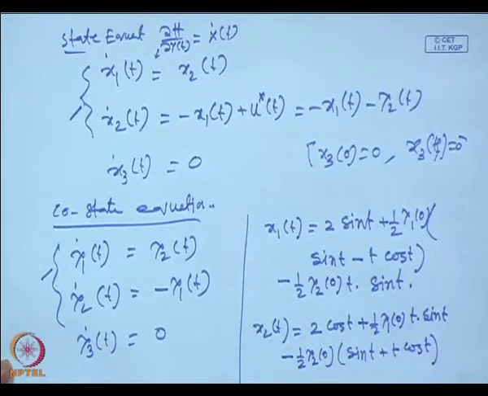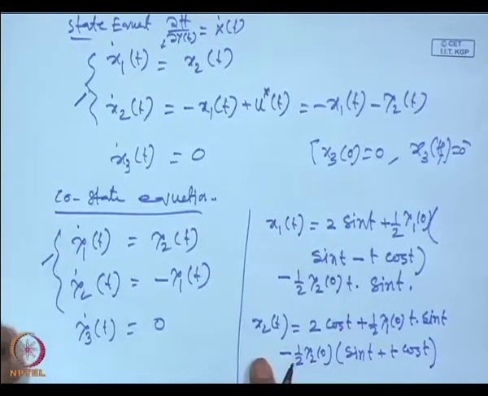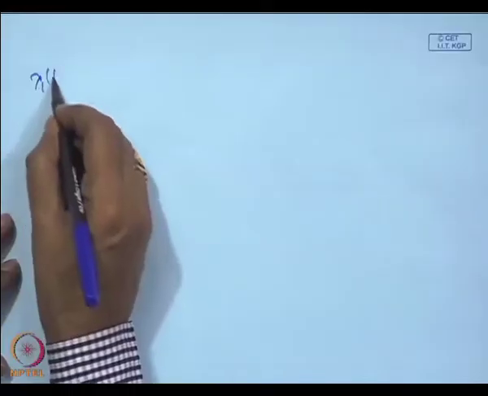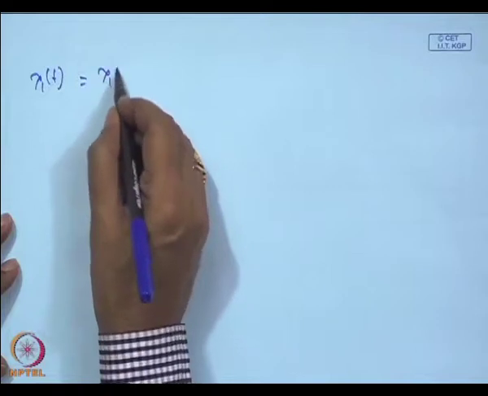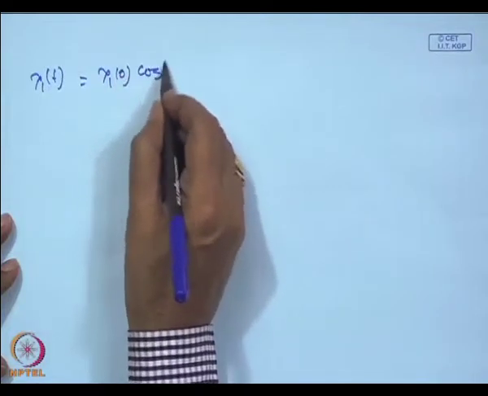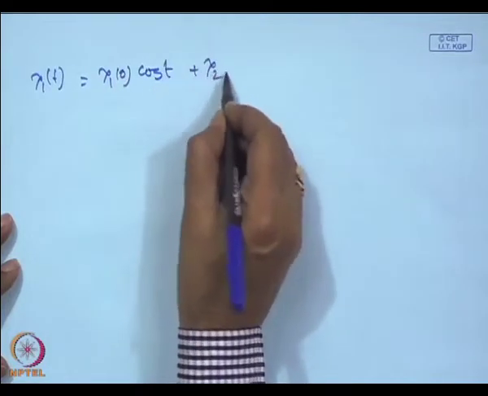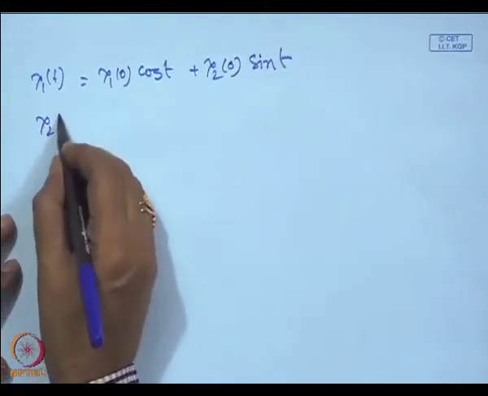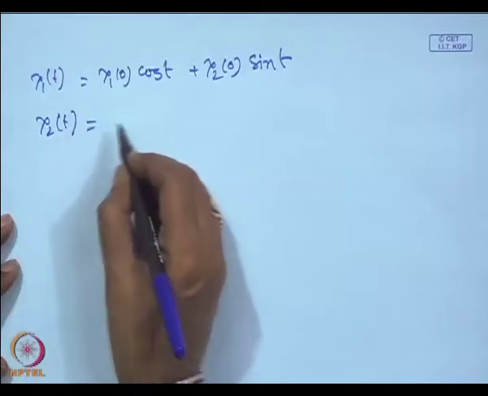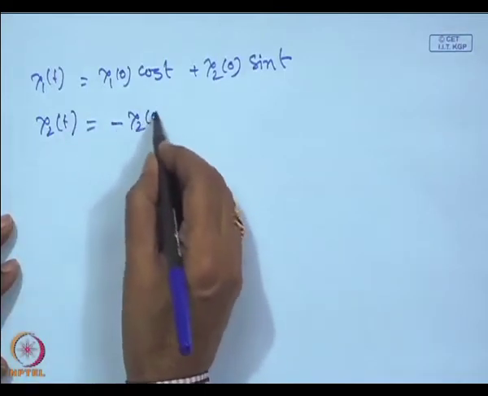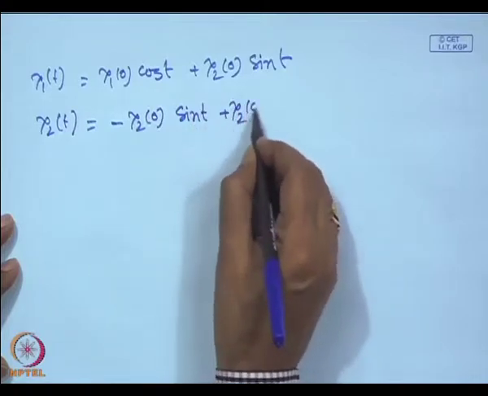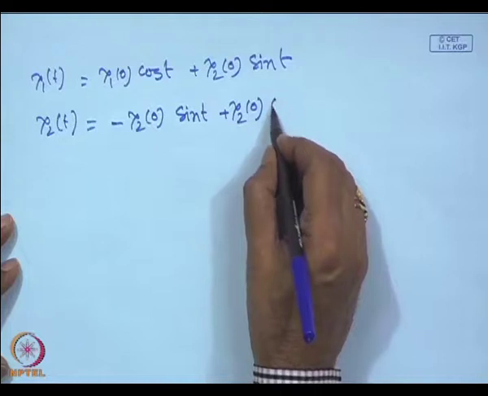So this is the solution of x1 and x2, and the solution of lambda 1 and lambda 2 we will get: lambda 1 of t is equal to lambda 1 0 cos t plus lambda 2 0 sin t, and lambda 2 of t is equal to minus lambda 1 0 sin t plus lambda 2 0 cos t.